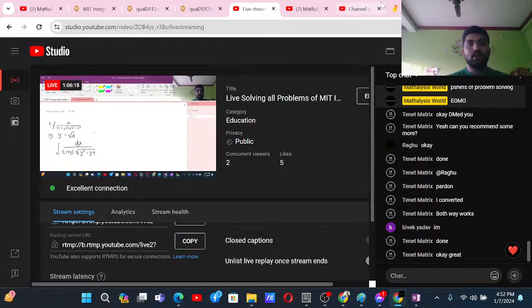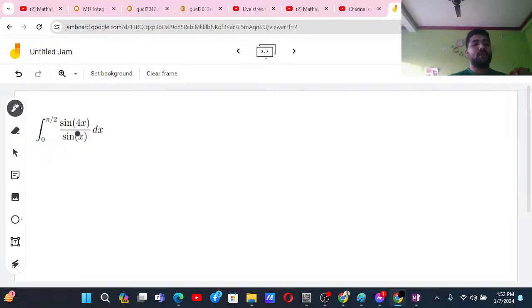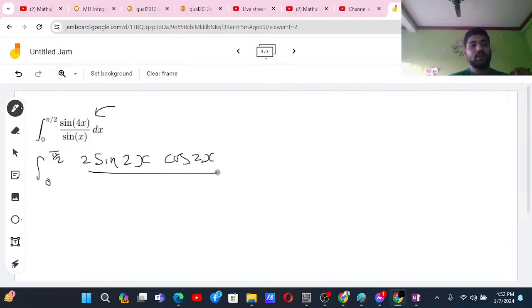Now for this problem, we can first change sine 4x into sine and cos. Integral from 0 to pi by 2 of 2 sine 2x cos 2x by sine x dx.